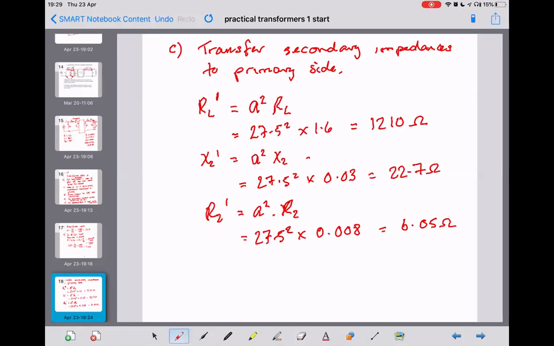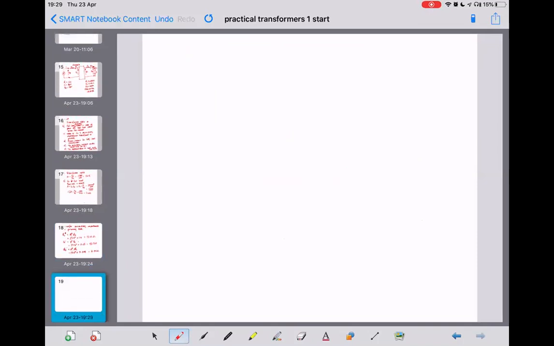All right, everybody up with that? Can I move on to a new clean slide? Right. So those are the values of those components.